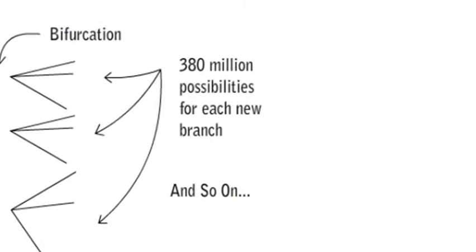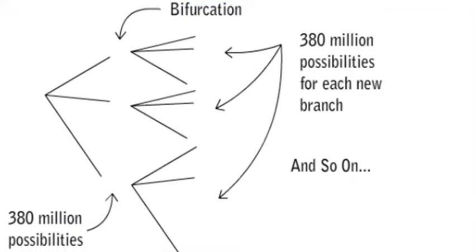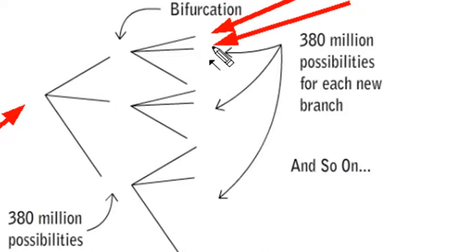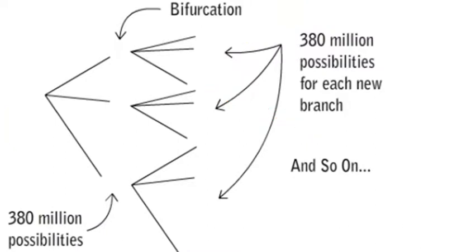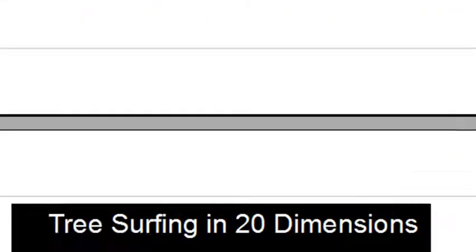If you think in terms of a tree, in the first bifurcation you have 380 million choices, and then with each bifurcation on each branch of the tree, you have another 380 million choices. So it just gets larger and larger. Now you're starting to get into the large numbers, which is what we want to do.